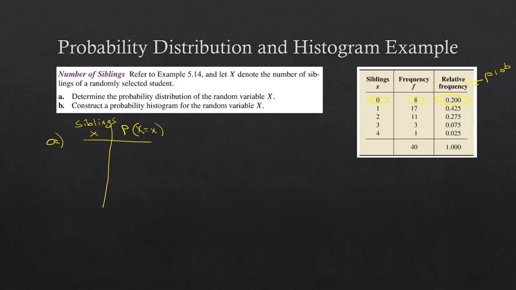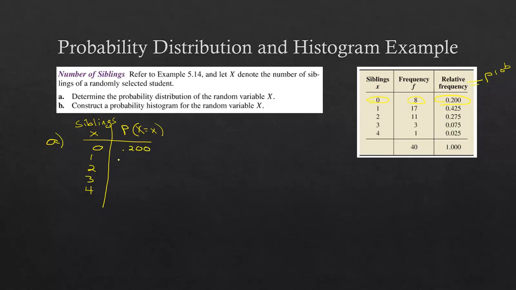So what is the probability that the random variable equals 0, 1, 2, 3, and 4? Because these are the different values of lowercase x. So what is the probability that x equals 0? Well, the probability that x equals 0 is 0.2.